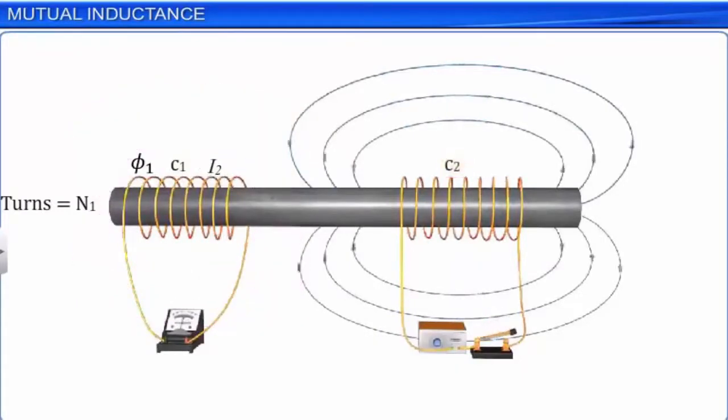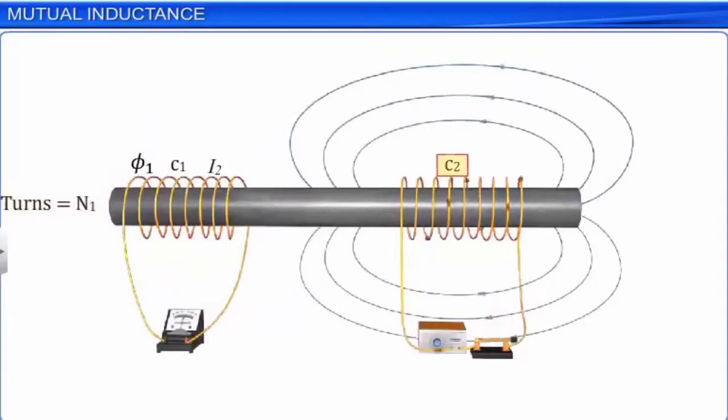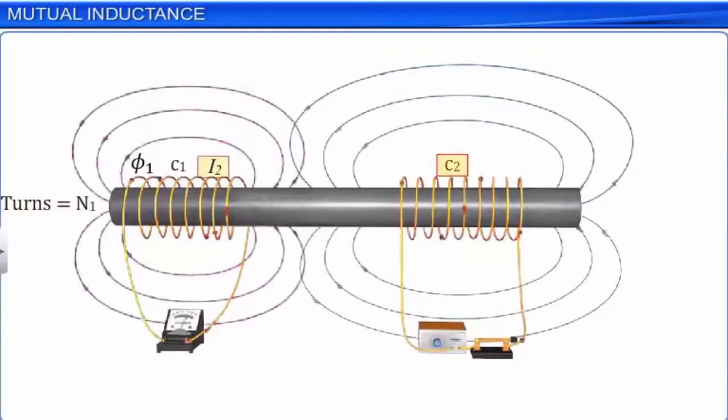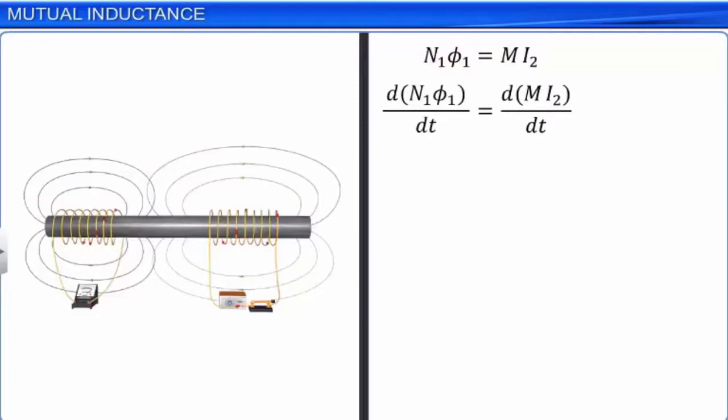Let Phi1 be the flux through coil C1 of N1 turns when current in coil C2 is I2. We know that N1 Phi1 is equal to M I2. The rate of change of flux is equal to the rate of change of current times M. This means that d(N1 Phi1) by dt is equal to d(M I2) by dt.